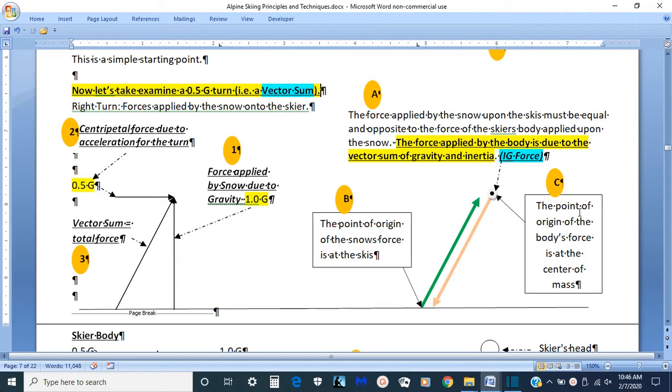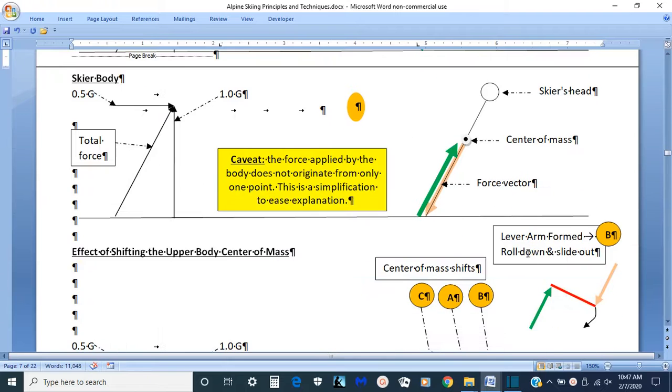The point of origin of that force is at the center of mass. We take that to simplify analysis. So the force applied by the body is due to the vector sum of gravity and inertia, and its point of origin is at the center of mass. Okay, the point of origin of the body's force is at the center of mass.